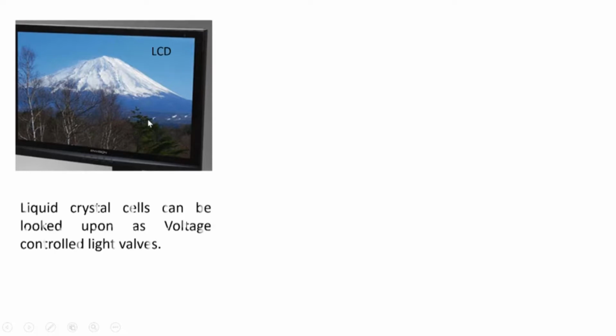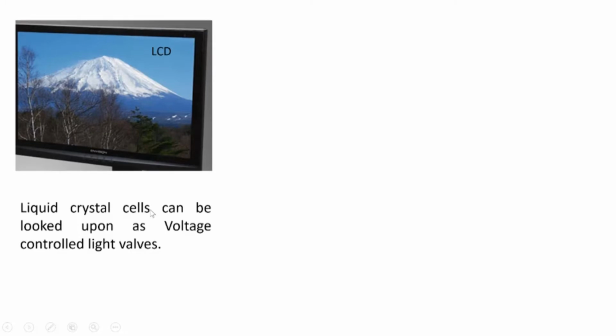Here is an example of an LCD TV. LCD stands for liquid crystal display. We will not discuss LCD much, but it's made up of an array of liquid crystal cells.